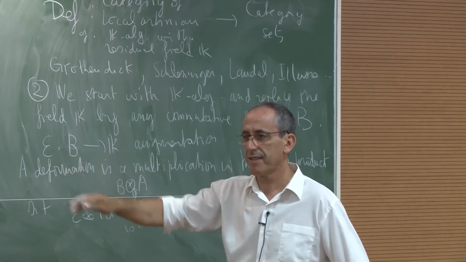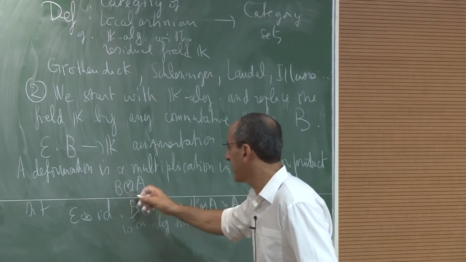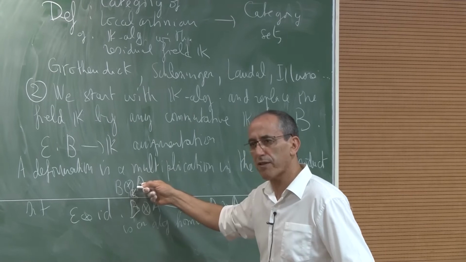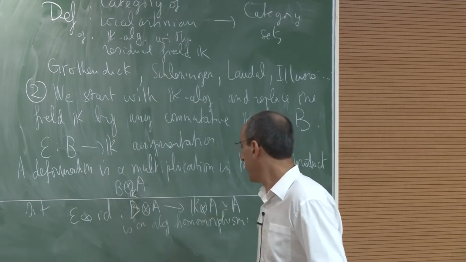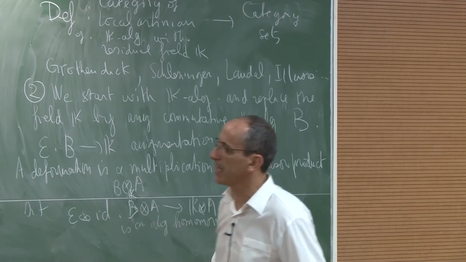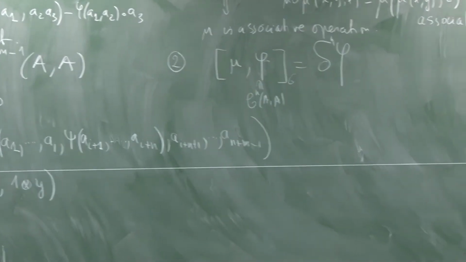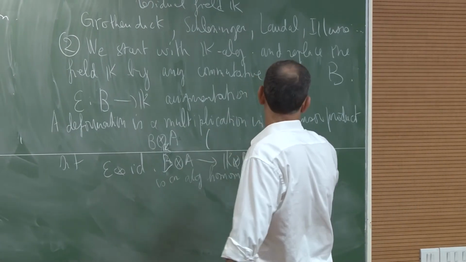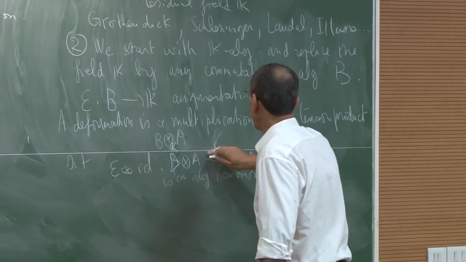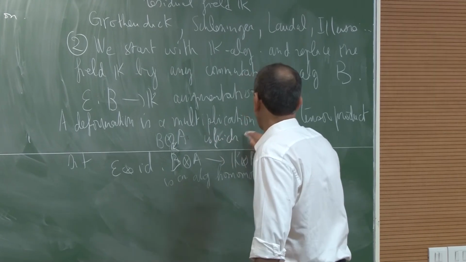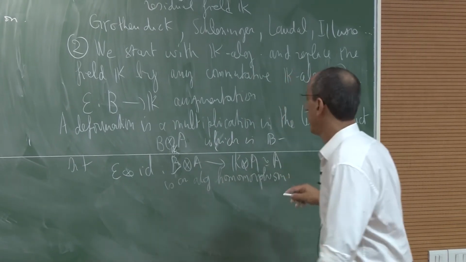Here, this tensor product, you're right, is over K, and this multiplication mu b is a multiplication in the tensor product, which is B linear.